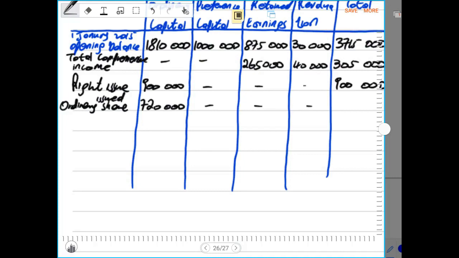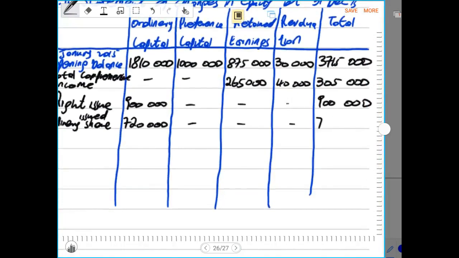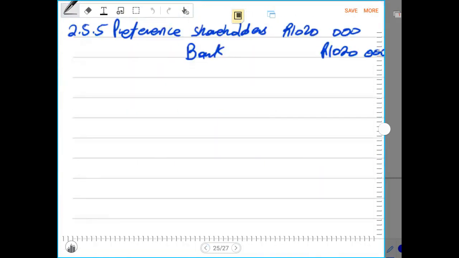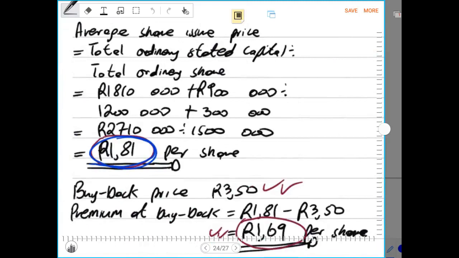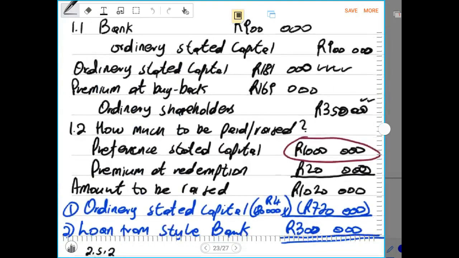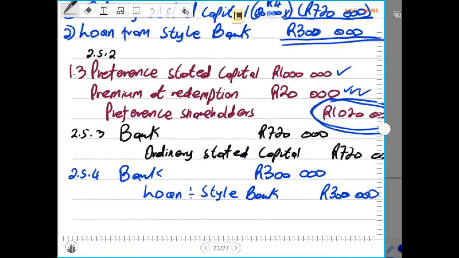There were ordinary shares that were issued, and they amounted to 780,000. And those shares were issued because there was not enough money to be paid to the preference shareholder.